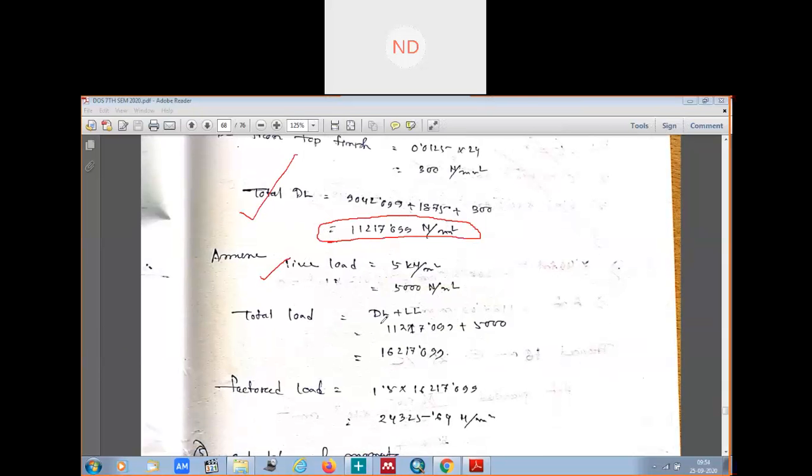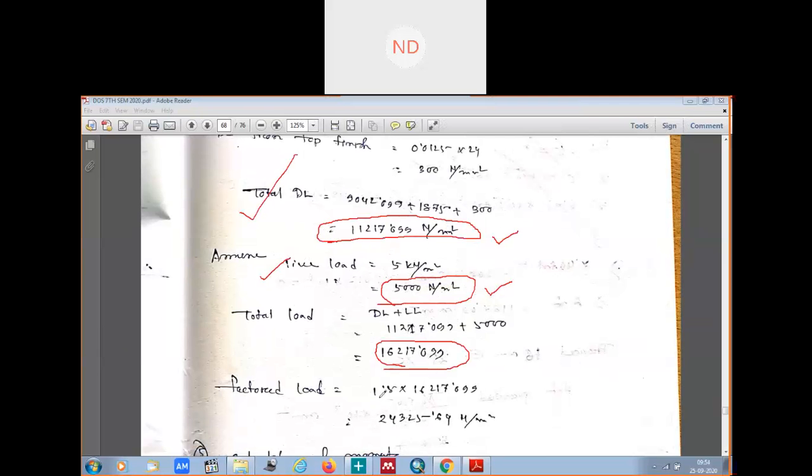The total dead load we had calculated here. So the total load will be dead load plus live load, which is 5000 Newton per meter square, and it comes out to be this much Newton per meter square.